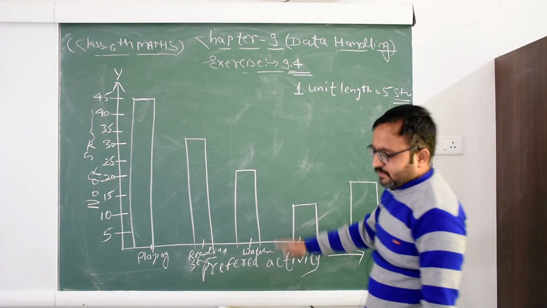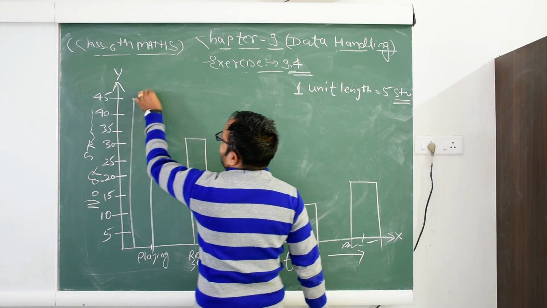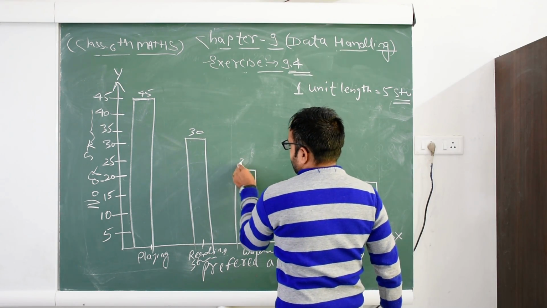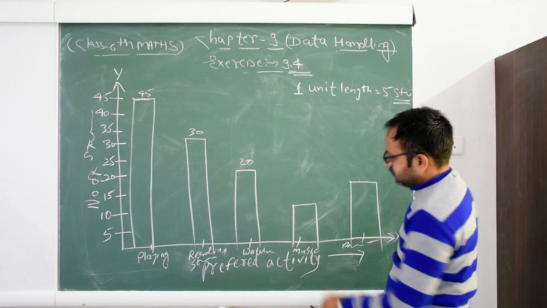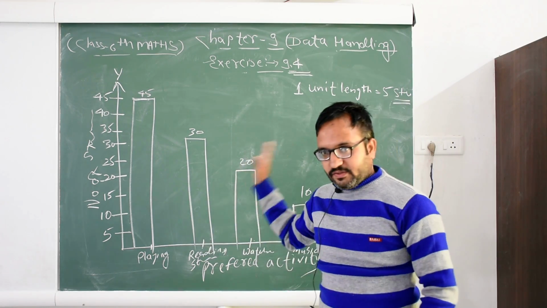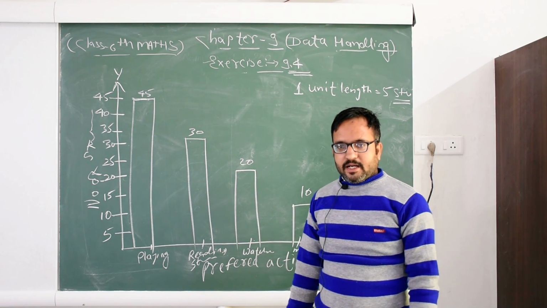So these bars show 45, 30, 20, 10 and 15. So this is your bar graph. This is the method to draw a bar graph.